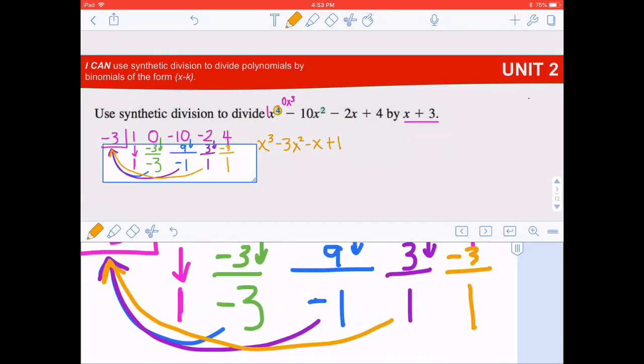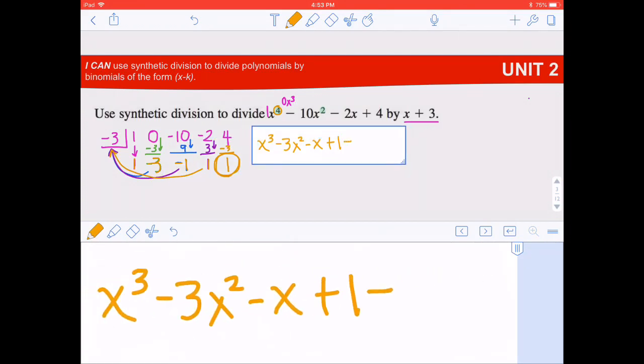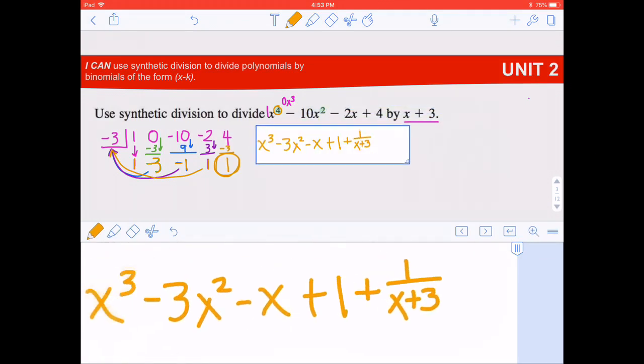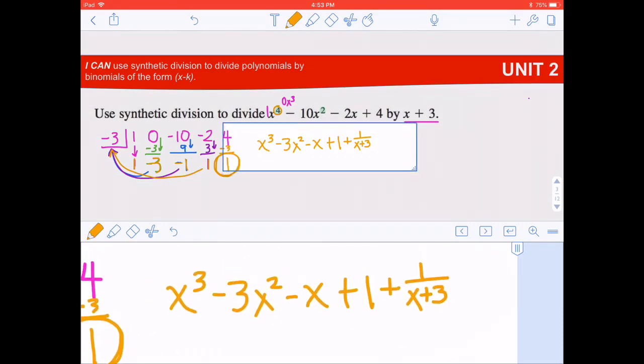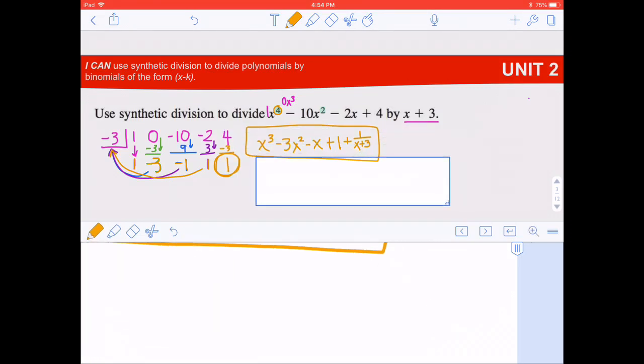So that is this, that, and that. And then the last one here, this is our remainder. So remember, anytime we have a remainder, we're going to add that, but divide it by whatever we were dividing by here. So we get x cubed minus 3x squared minus x plus 1 over x plus 3 as our quotient, and that is our synthetic division.